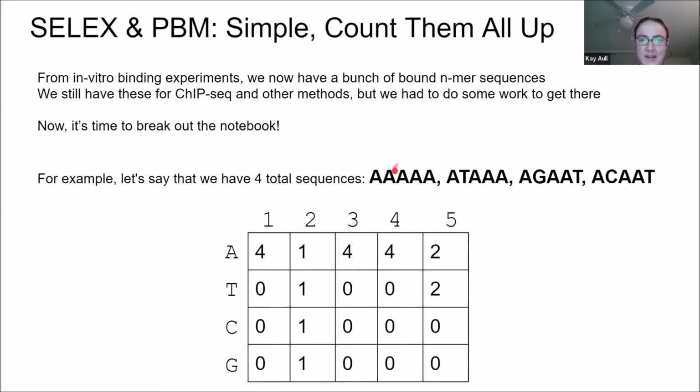Third position, now we're back to having all A's. Same thing with the fourth position. Then the fifth position, say, okay, we have some A's and we have some T's. We don't have anything else. That's 2 of each here and none of these. Counting.